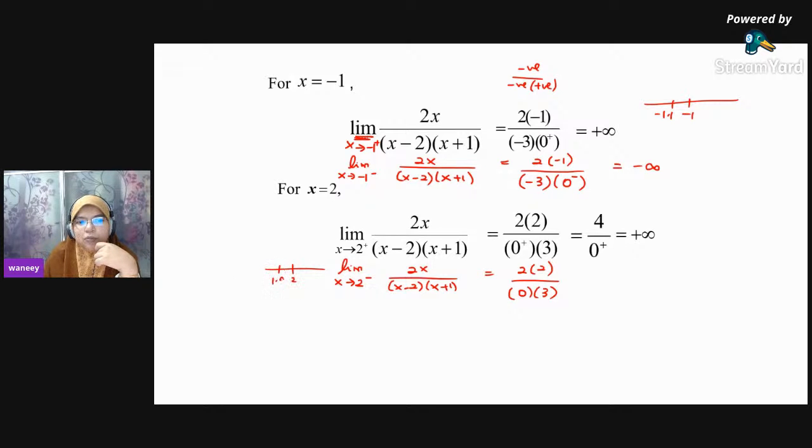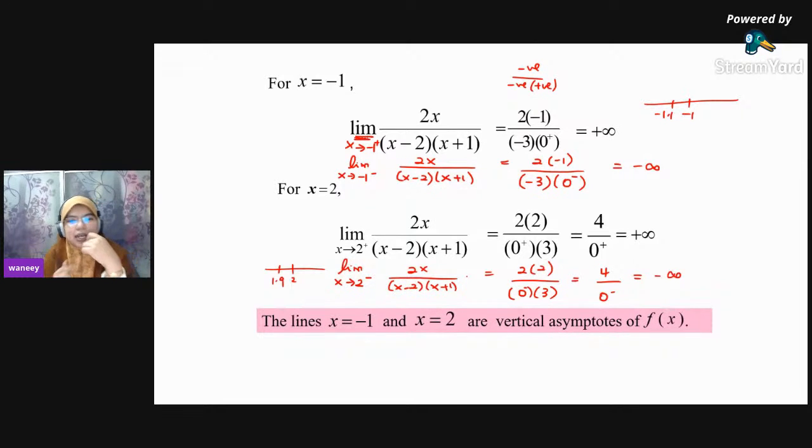On the left hand side of 2, take 1.9; 1.9 minus 2 is a negative number. So positive, negative, positive: this is 4 over 0 with a minus, so negative infinity. Therefore, the lines x equal to -1 and x equal to 2 are vertical asymptotes of f(x).